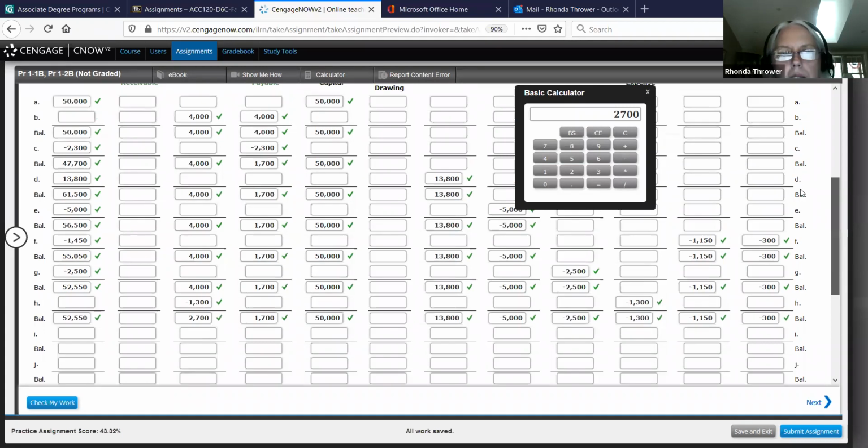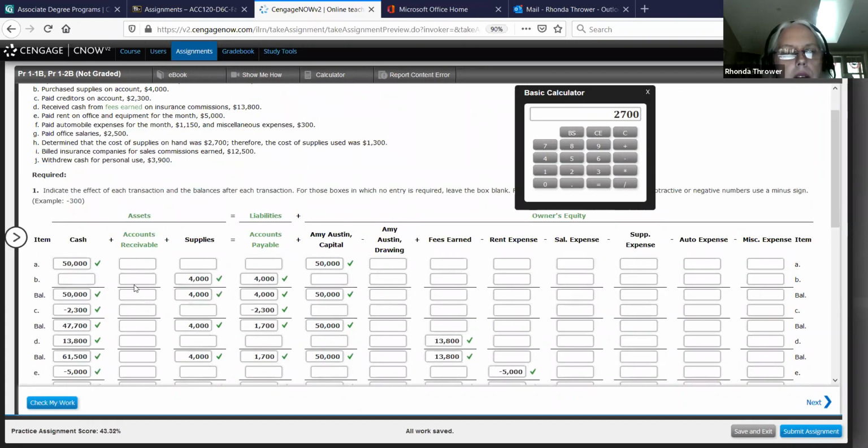So for I, it says that we have billed insurance companies for sales commissions earned. This is a transaction that sometimes gets students. So if you get this one wrong, don't feel bad, because a lot of students miss this one. But I want to emphasize that the word billed here means that we're sending an invoice to our customers.